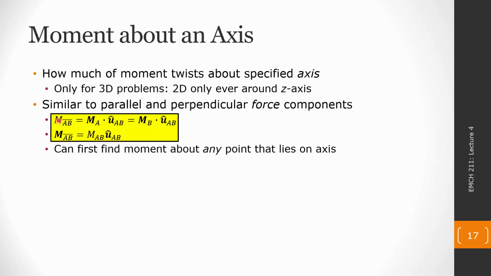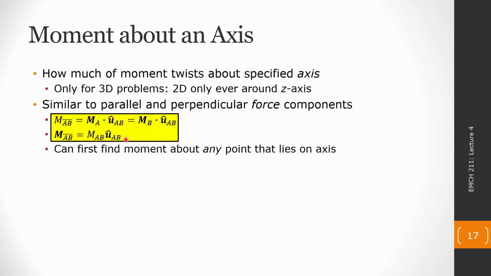Now, we might want not only the magnitude of the twisting around a specific axis, but actually the vector quantity or the vector representation of that moment about the axis as well. So in the second step, we can take that moment that we just found as a scalar quantity, and now we multiply it by that u hat AB.